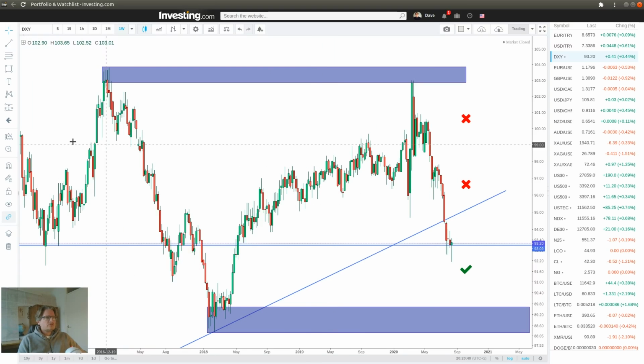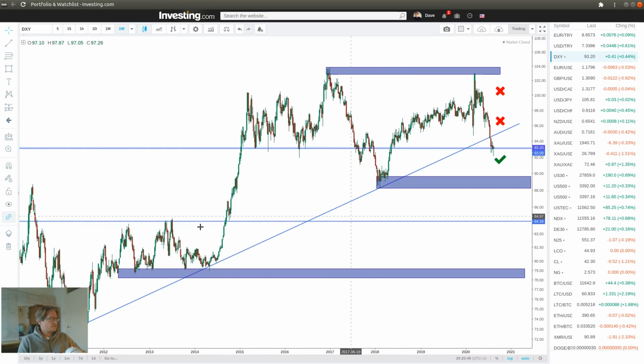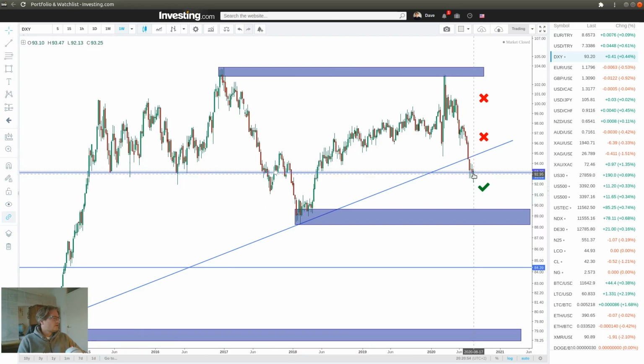So this is the dollar index, and we've seen that the dollar has been trending up and then crashed down, and it crashed below this trend line, and we are still holding slightly above this support area.